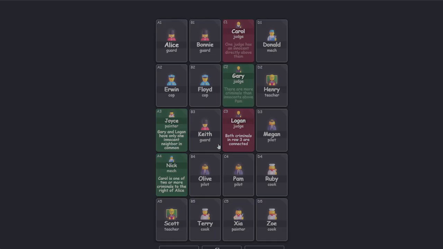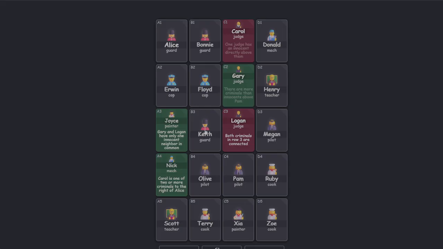Both criminals in row 3 are connected. Gary and Logan have only one innocent neighbor in common. So that must mean, if I can identify the neighbors that they have in common, they are Floyd, Henry, Megan, and Keith.